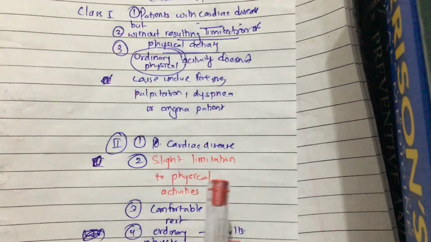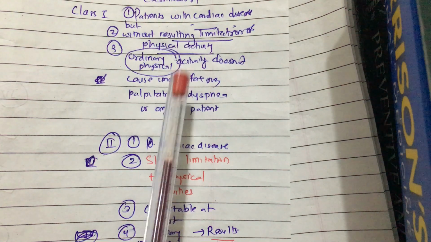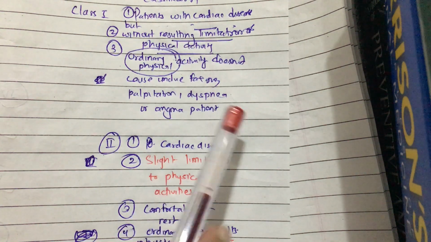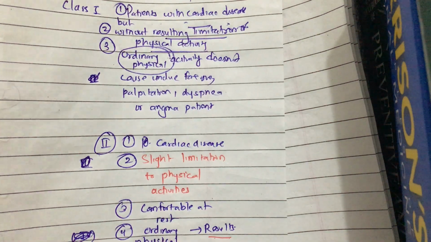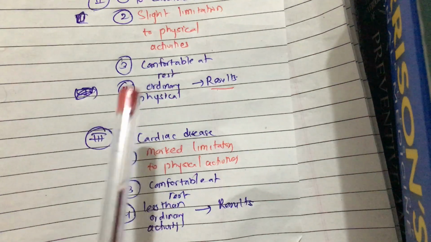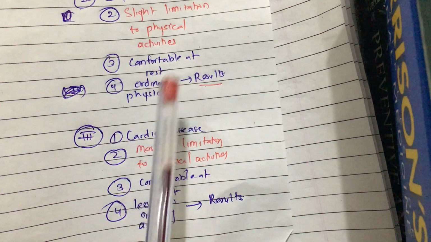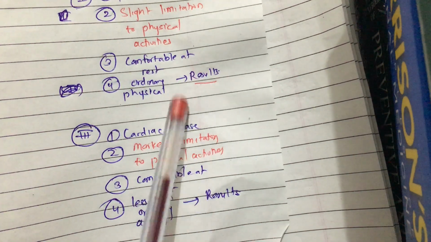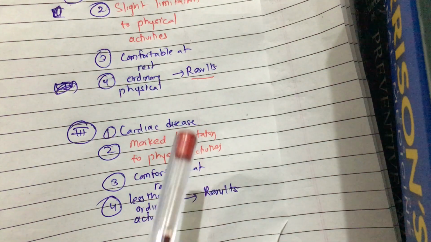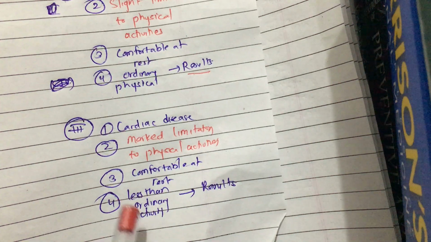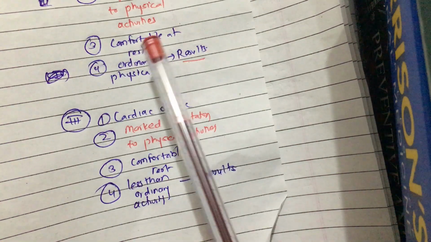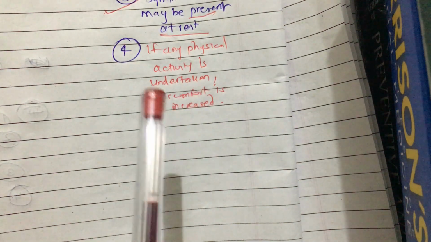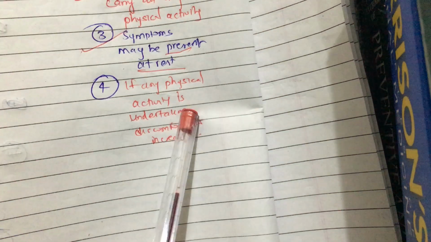Okay. Point number 3. The ordinary physical activity does not cause any undue fatigue, palpitation, dyspnea, or angina pain in class 1, whereas in class 2 and class 3, they are comfortable at rest, but in class 2, ordinary physical activity results in the undue fatigue, palpitation, dyspnea, or angina pain, whereas in class 3, less than ordinary physical activity results in undue fatigue, palpitation, dyspnea, whereas in class 4, okay, symptoms may be present at rest.